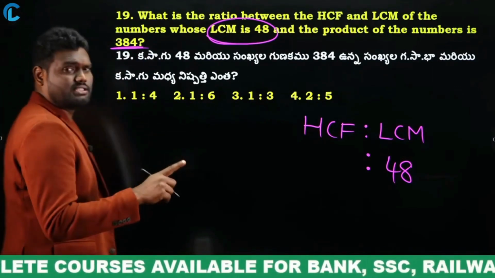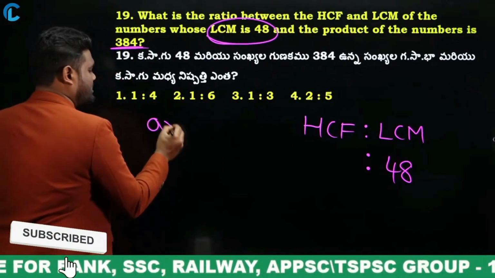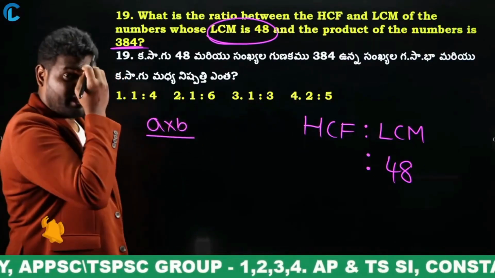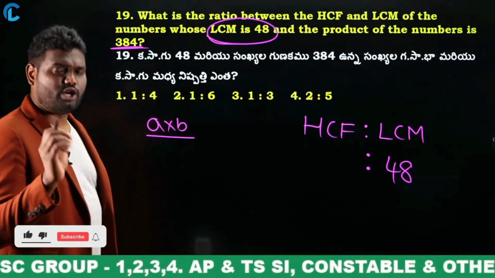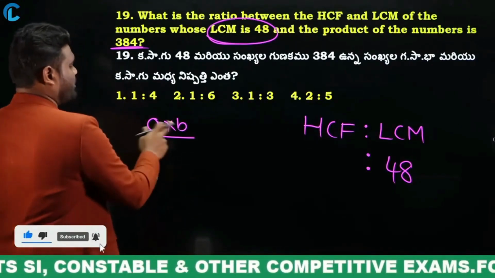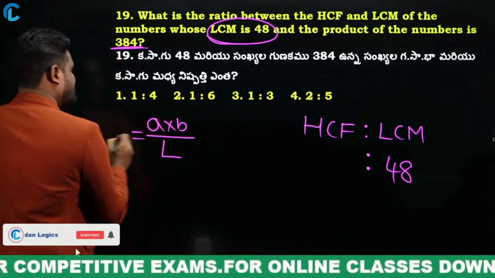We already learned just before, I already told you, the product of two numbers is equal to the product of LCM and HCF of the two numbers. So the product of two numbers divided by LCM will give us HCF.